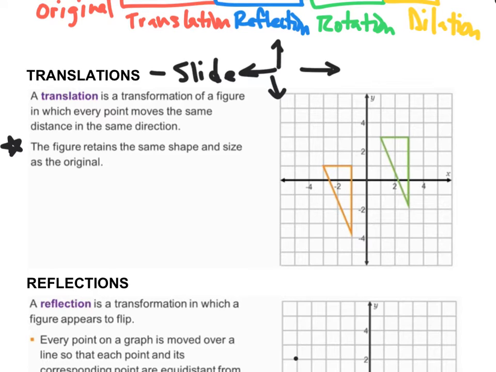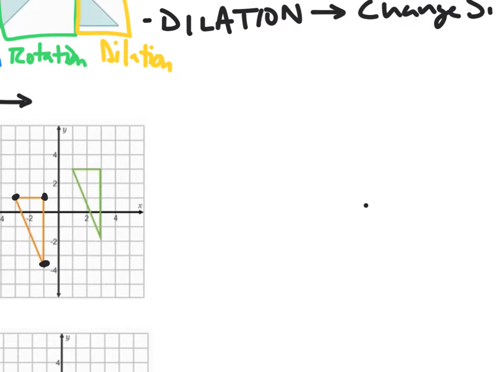But what I want to talk about here is the act of taking each of these points on my original and figuring out, how do I move this point all the way over to here? How do I move this point all the way over to here and this point to here? And what we have to do is move vertically and horizontally. So vertical, let's write these words down.